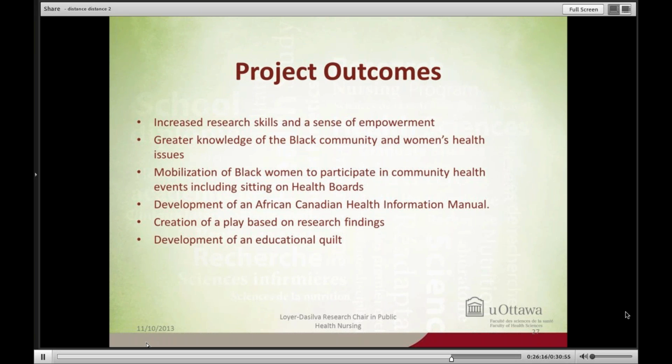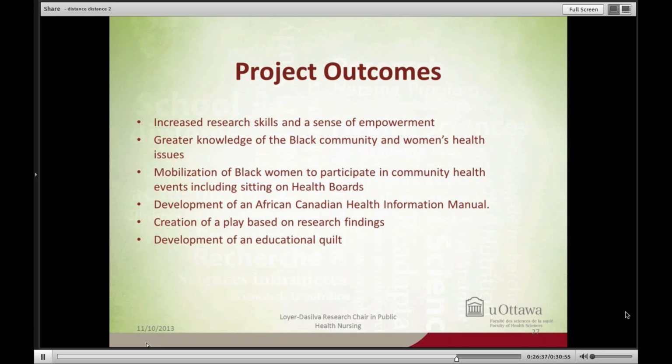Another community decided to develop an educational quilt using the study findings, and they also applied to their community health board for funding to design a stand with wheels on which the quilt was displayed.